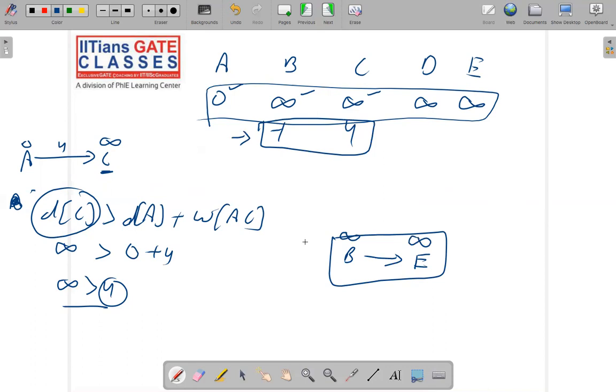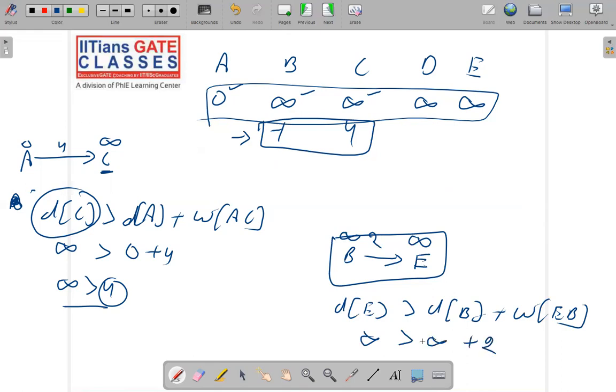In the current iteration, both are at infinite, and the BE weight is 2. So it's saying that D of E is greater than D of B plus weight of BE, which is infinite greater than infinite plus 2. We can't compare infinite like this, right? This is an invalid condition, so it will remain infinite. Similarly, for all other edges also, this will remain infinite.